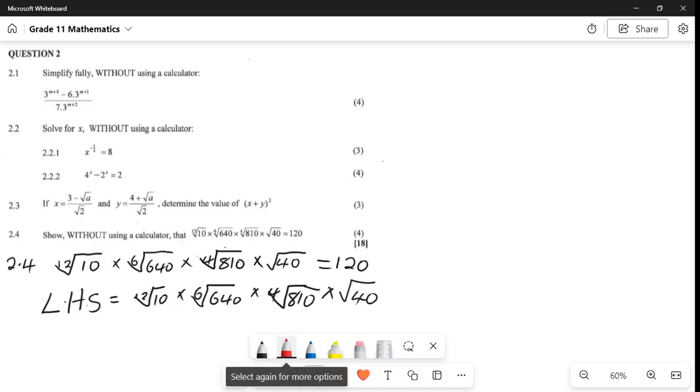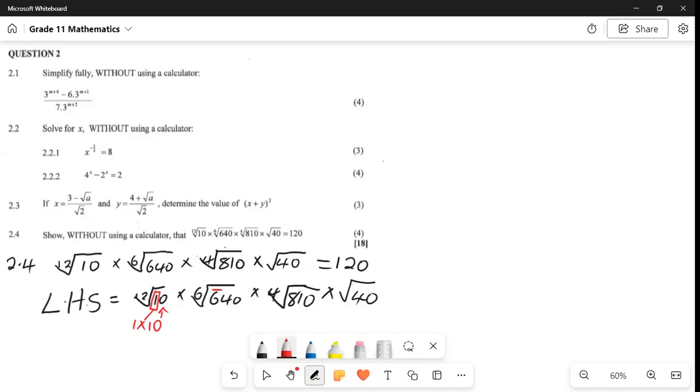This is the left hand side. Yes, it's so nice, eh? When I look at it here, we've got 1 times 10, which is equal to 10.